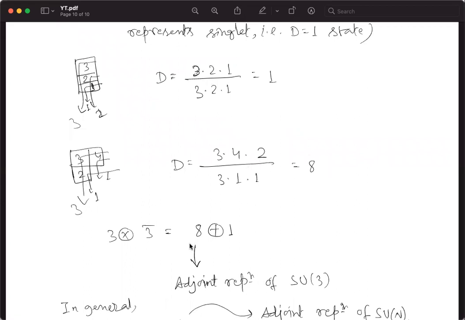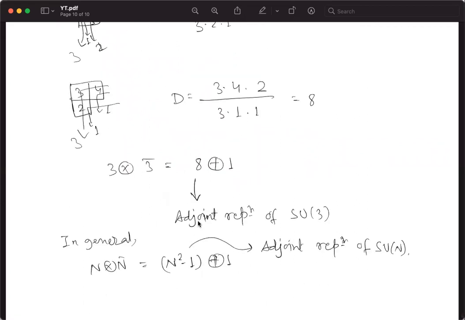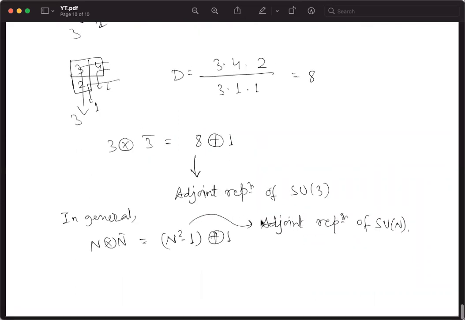So 3 cross 3 bar is 8 plus 1, and this 8 is the adjoint representation of SU(3). So in general, we have N cross N bar, which we can write as an N squared minus 1 dimensional representation plus a singlet, where N squared minus 1 is nothing but the adjoint representation of SU(N). In this way, we can employ the Young tableau technique generically for SU(N).